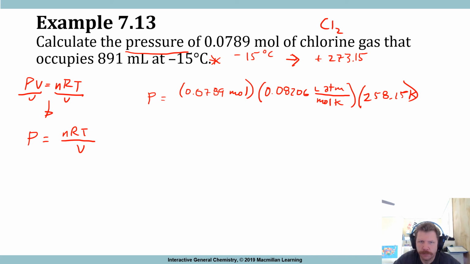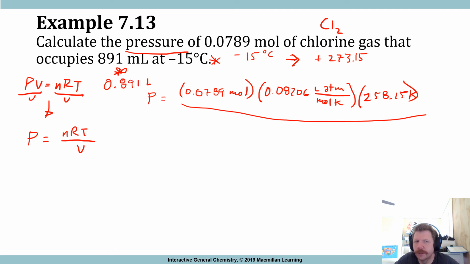Okay. The last thing that we need to solve is our volume, 891 milliliters. This is one of those conversions that I like to do on the fly, and I just write that as 0.891 liters. I don't like to dedicate the time to setting up an involved conversion.